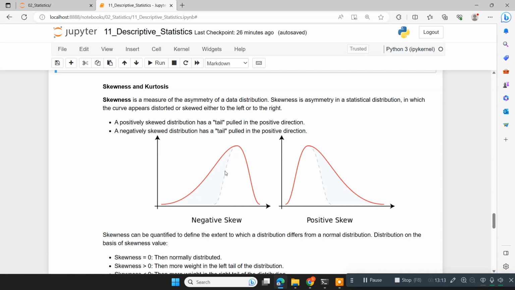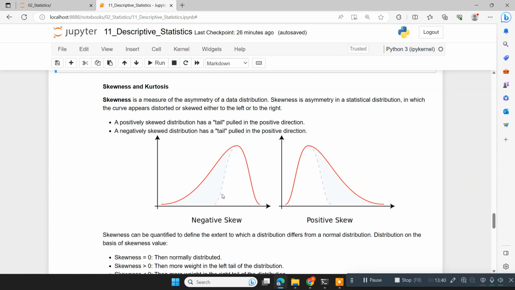Positive means the skewed distribution has a tail which is pulled towards the positive direction. So this is positive skewness: you have a slope towards the right side. And negative skew means you have a slope towards the left side.